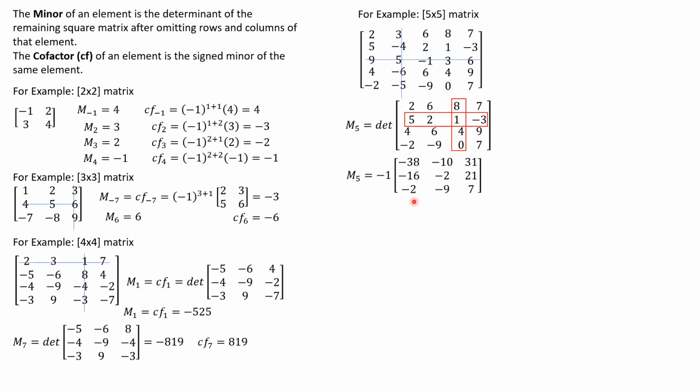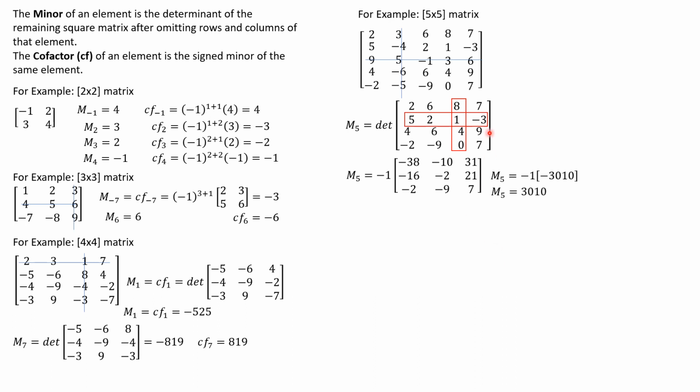This element here is obtained as negative 2 minus 0 times 5, so it remains negative 2. Negative 9 minus 0 times 2, it remains negative 9. 7 minus 0 times negative 3, it remains 7. So using your calculator, the determinant of this 3 by 3 matrix is equal to negative 3010. Therefore, the minor of element 5 is 3010.